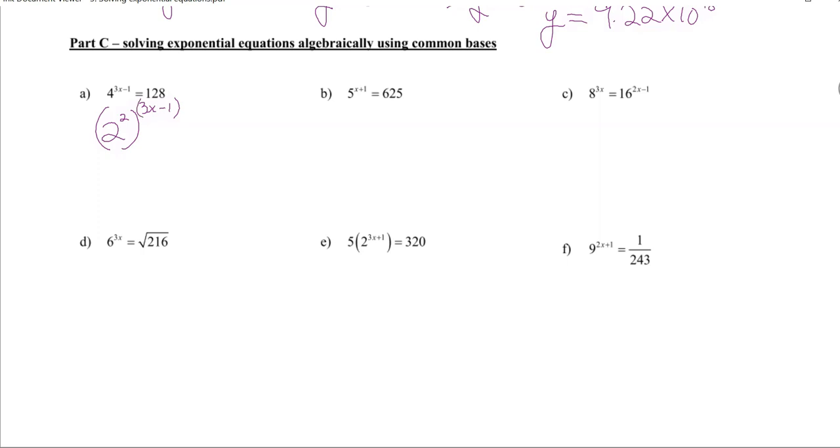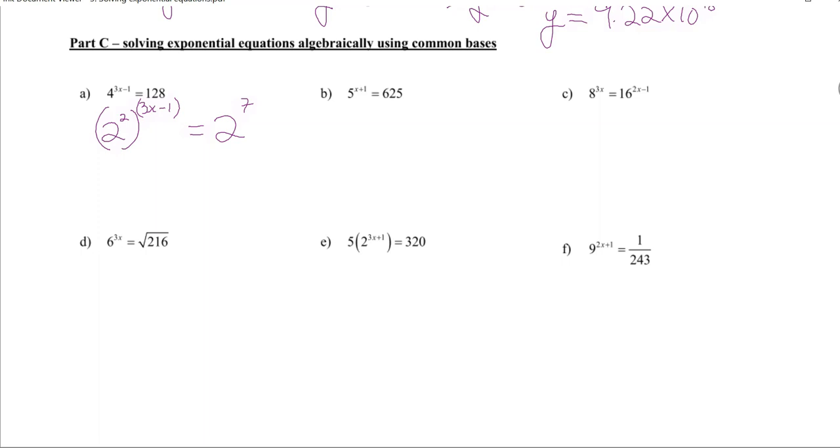Now remember, if we're dealing with two terms, a binomial, we've got 2 terms in the exponent, we want to put it in brackets so that we remember when we do power to a power, we have to apply the distributive law and multiply it through. And 128, we need to figure out that it's 2 to the power of 7.